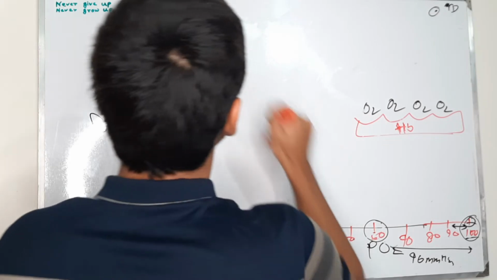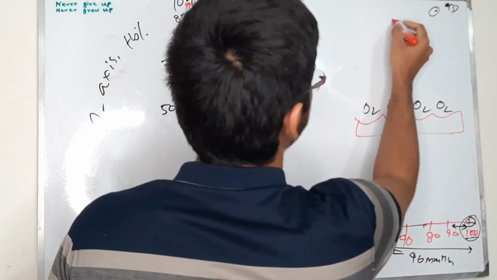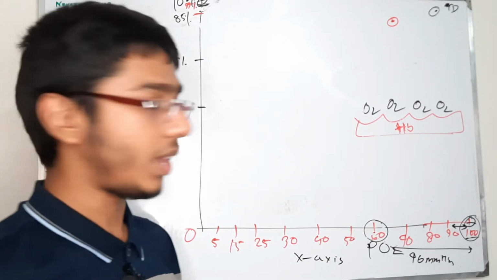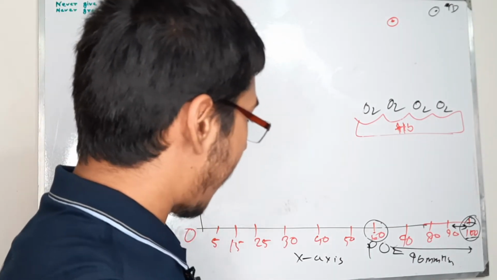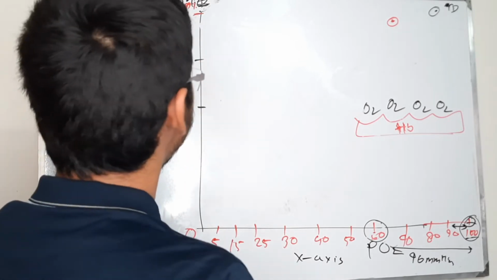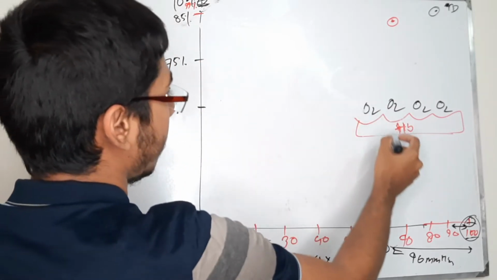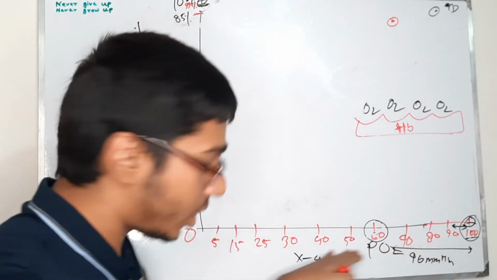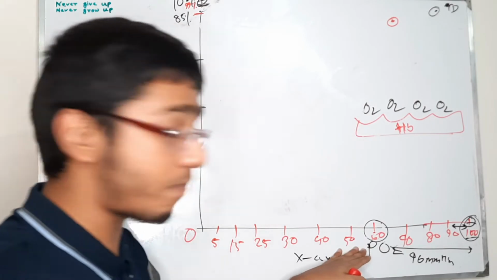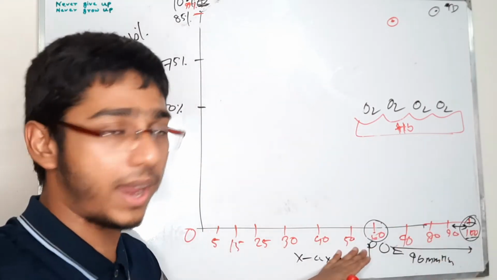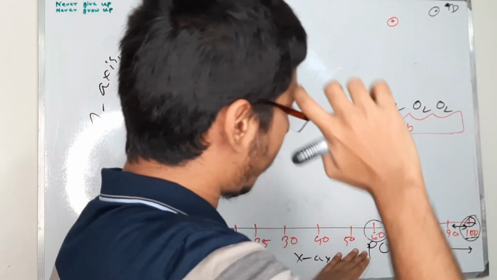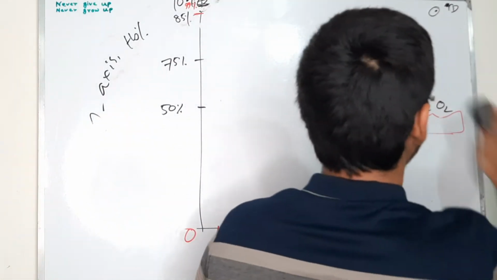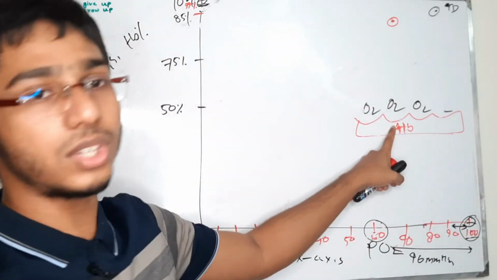So at pressure 60, we'll see the saturation level at around 85%. Okay, so this is the third point. Now at 50, we'll see hemoglobin still saturated with oxygen, but this time, as I have already decreased the pressure to a huge extent, that means I've already come to my halfway point, hemoglobin will release one of its oxygens from one of its pockets, and it will be 75% saturated.